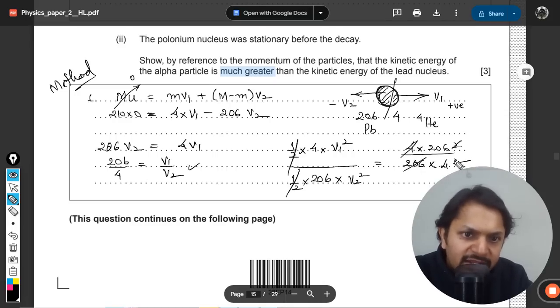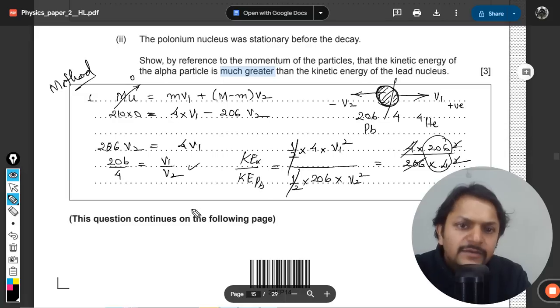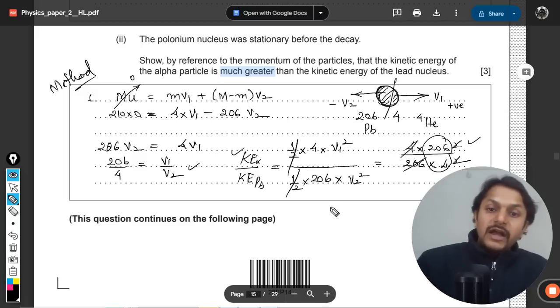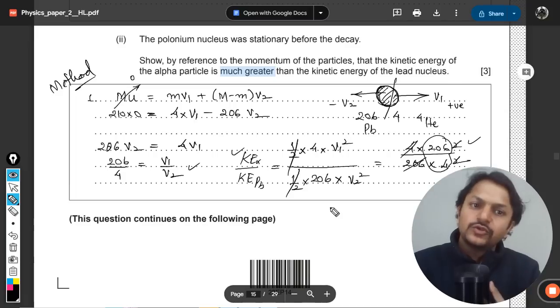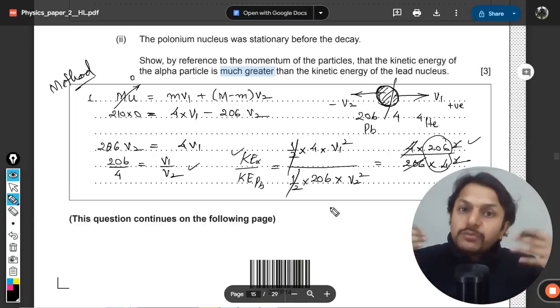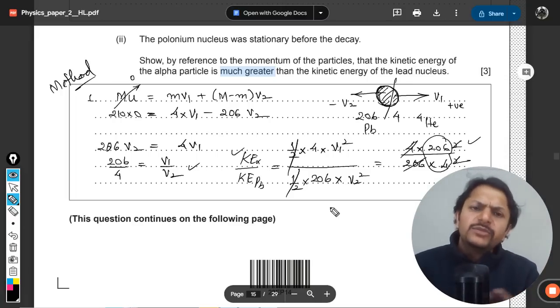Clearly this square is getting cancelled out, so the ratio is coming out to be 206, and this is the kinetic energy of alpha divided by kinetic energy of lead. Clearly the kinetic energy of alpha is 206 and the kinetic energy of lead is just 4. So it is this ratio. So we can clearly say that yes, the kinetic energy of alpha will be much more than that of the lead, and that is definitely because of the mass.